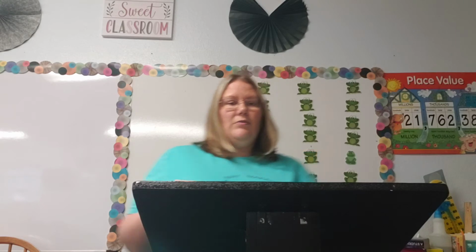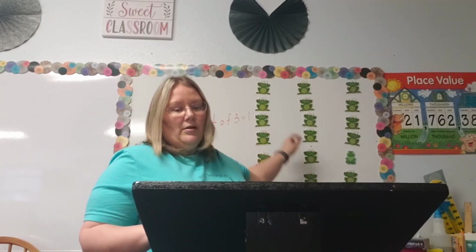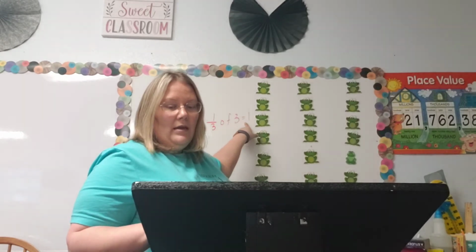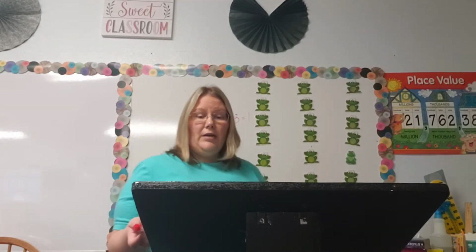On the front of page 309, it says write the answers. And where it says 1/3 of 3, you're dividing, which we're going to do on the back. But when you're doing 1/3, you're splitting into 3 equal groups like I had up here. So 1/3 of 3 we did was 1. If you want to find 1/3 of 30, well, 1/3 of 3 is 1.